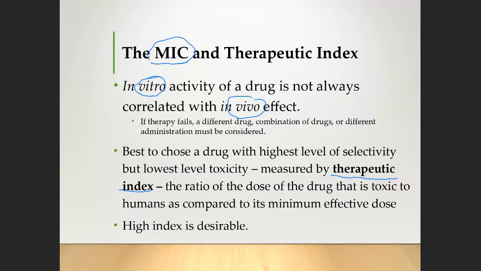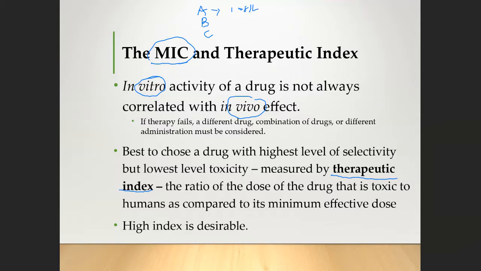Let's say after we perform the MIC test, we have 3 different drugs, A, B, and C, used for the same type of infection. When we test the MIC for drug A, let's say we have 1 milligram per liter.